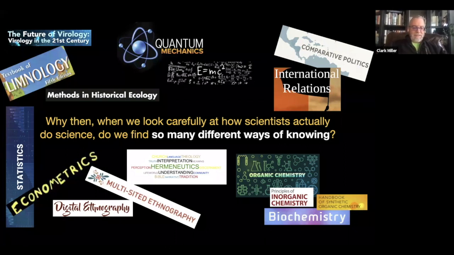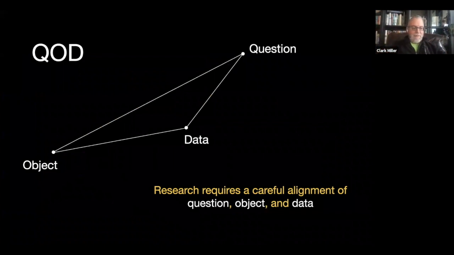So to explore this a little more deeply, I want to introduce today something that I've come up with called QOD. And QOD is at the heart of research methods. And QOD is very simple, and it stands for question, object, data.